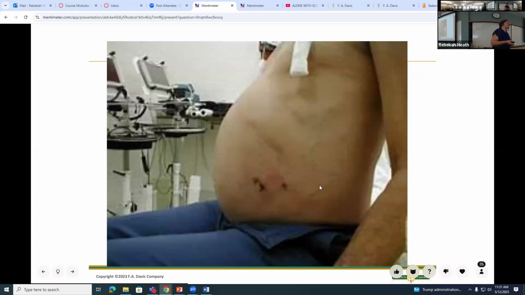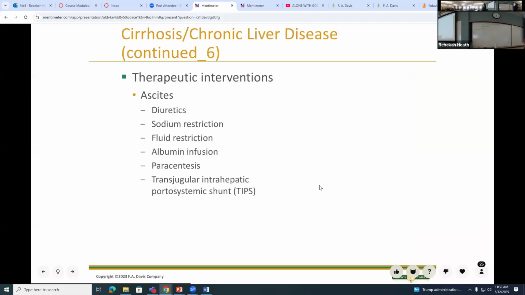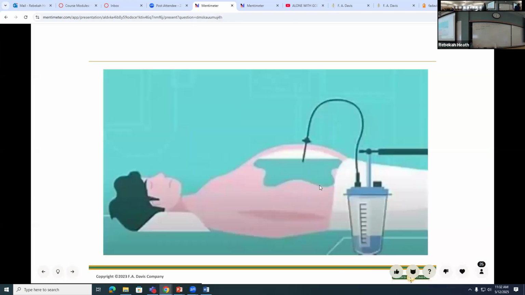They will do what's called a paracentesis, and they will take some fluid from there. This is not a very good picture, but it's the best one I could find that kind of shows you. Essentially, you have somebody who's got all their bowel and everything else that's normal, but they have this fluid in here.